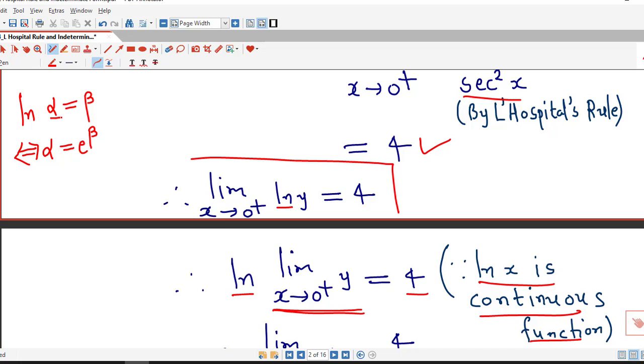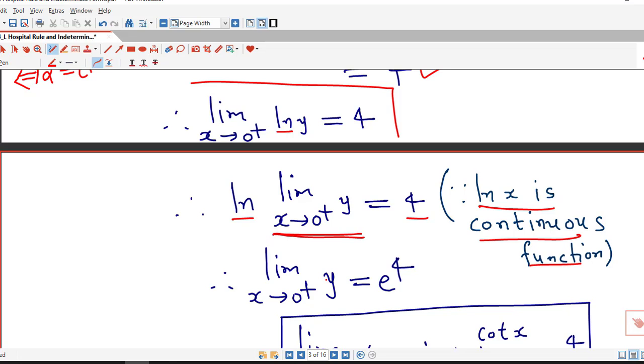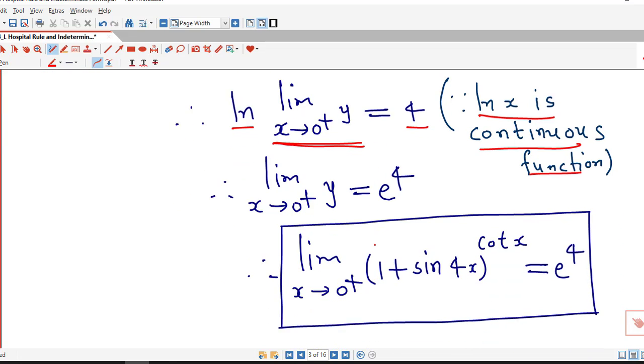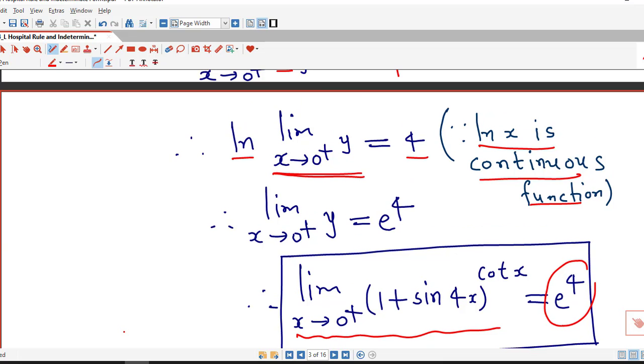So instead of alpha we have limit of y, and beta is 4. Therefore limit of y as x approaches 0 plus is nothing but e to the power 4. Finally we put the value of y, which is 1 plus sin 4x to the power cot x. So this limit has value e to the power 4.